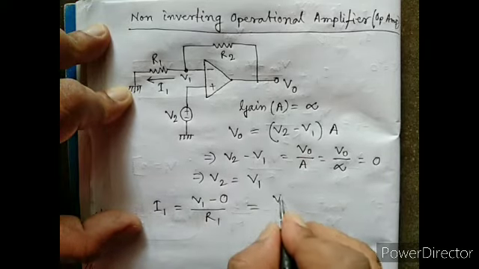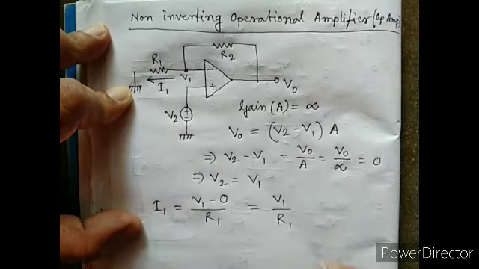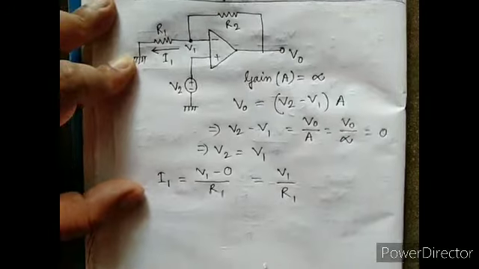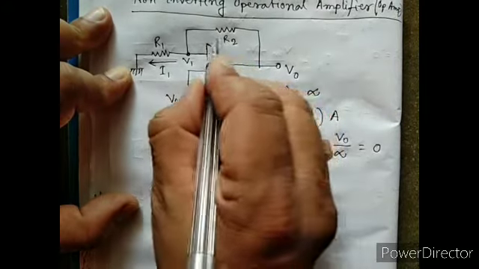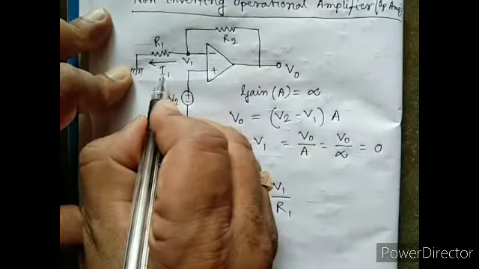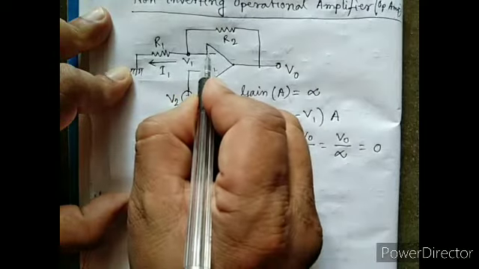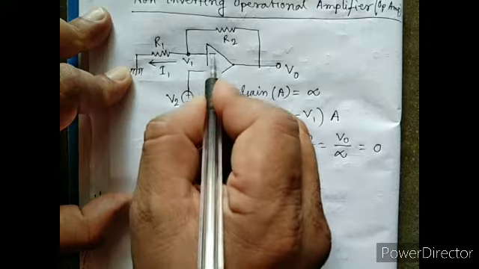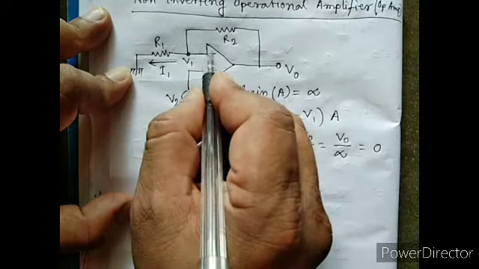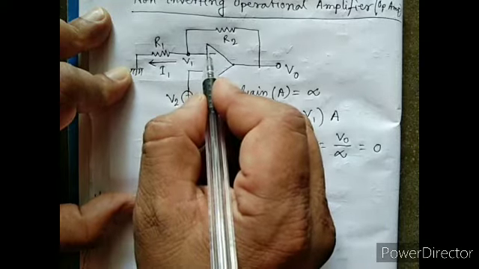So, that equals V1 by R1. Now, how much current will pass through R2? The same current I1 will pass through R2 because the input impedance of an ideal operational amplifier is infinity.